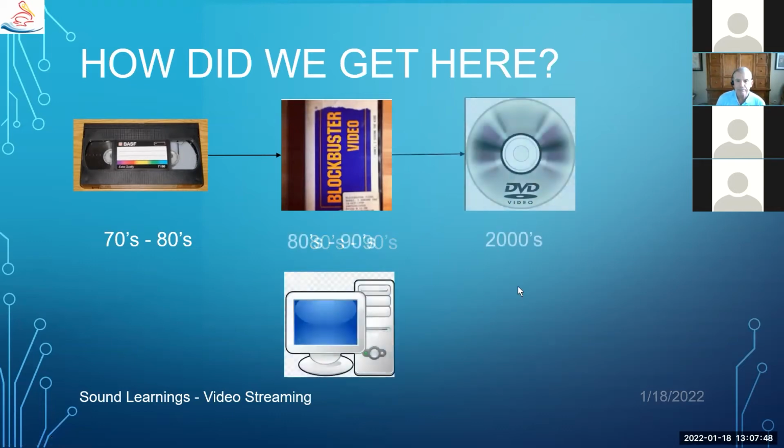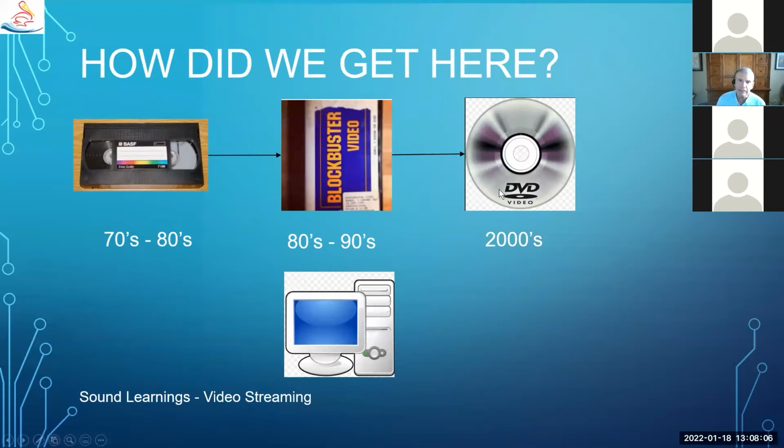Beyond that, at the same time in the 80s and 90s, we also had the advent of PCs, right? They came up in the early to mid 80s. Everybody started getting PCs at home.